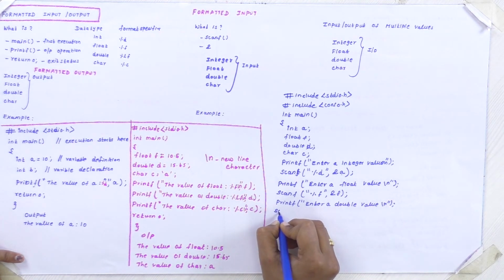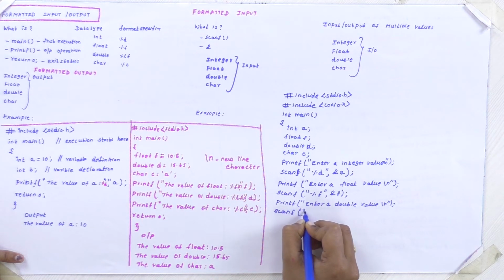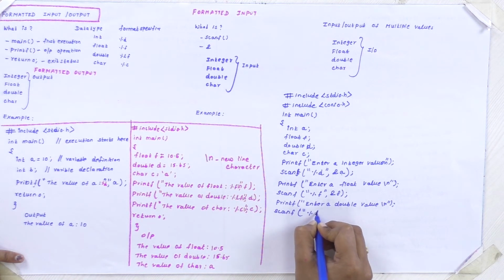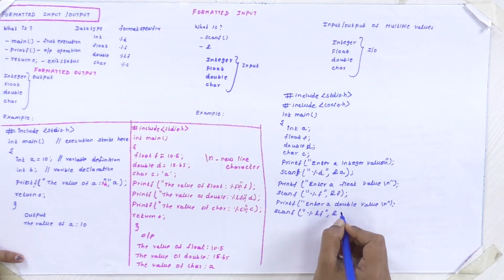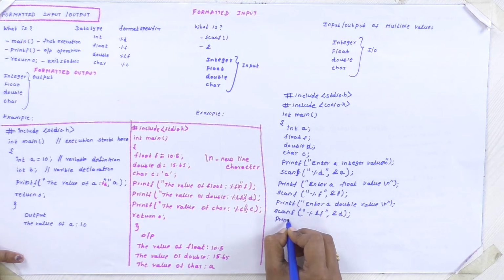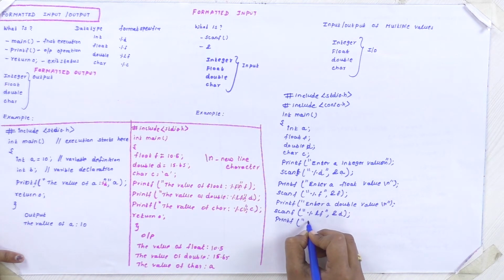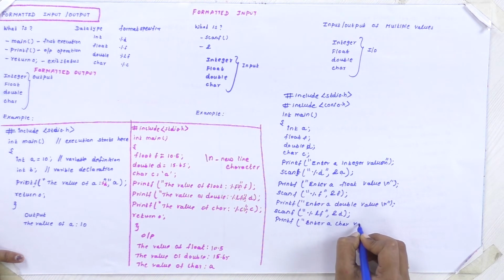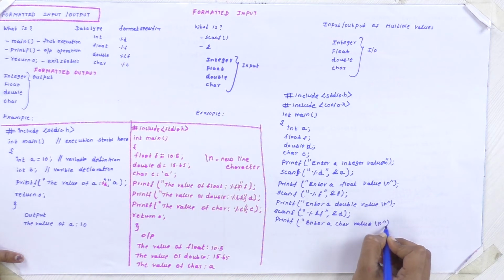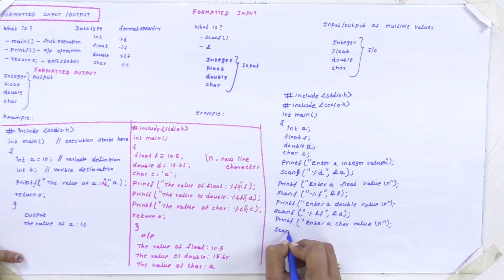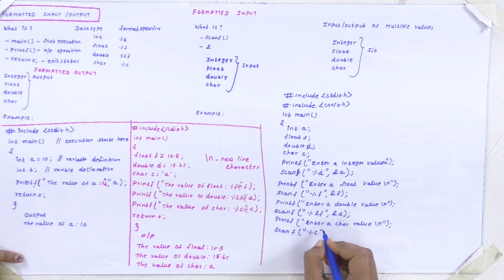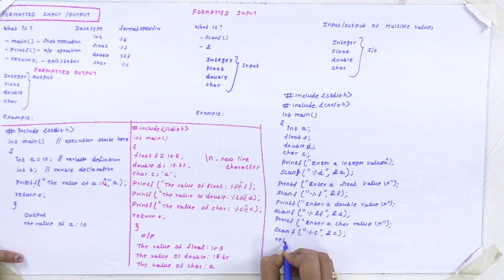Next, for reading a double value, I use %lf, &d. Next, for reading a character value, I use %c, &c. So that's it.